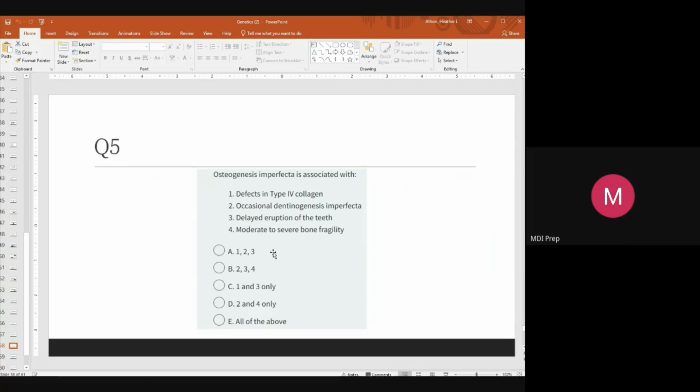Some of the characteristics, like we had talked about, they can have a defect in the type 1 collagen. They can have moderate to severe bone fragility, deformity of their limbs. They can have the blue sclera. Occasionally they can have dentinogenesis imperfecta and delayed eruption of teeth.